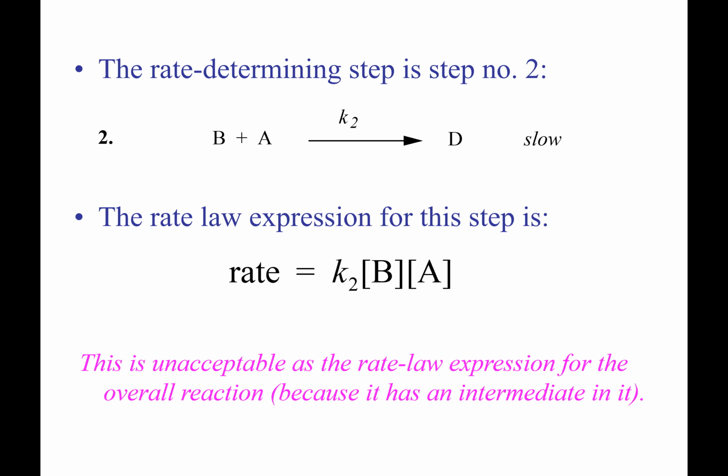Rate 2 then will be equal to K2 times molar concentration of B raised to the first power times molar concentration of A raised to the first power. Doesn't that look funny to you, how I go BA instead of AB? So B is an intermediate, you gotta get rid of it. So we're gonna turn our attention to elementary step 1.